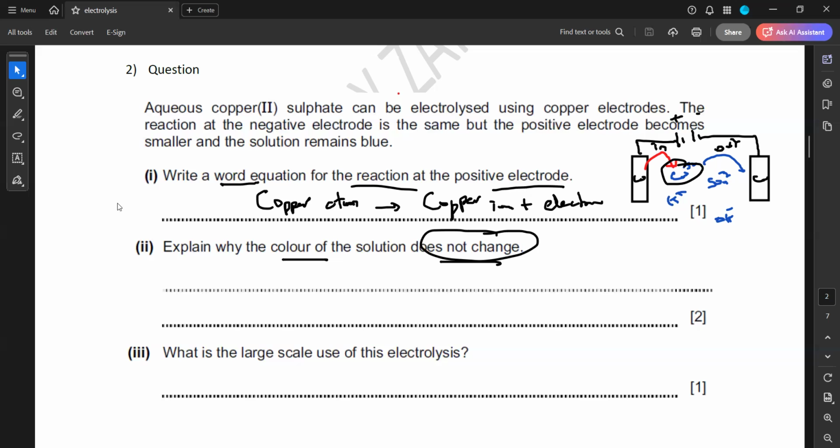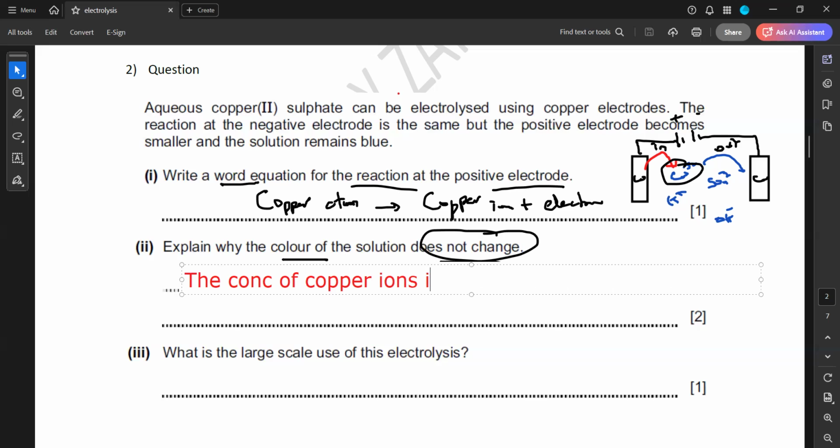So the concentration of the copper ion in the electrolyte does not change.